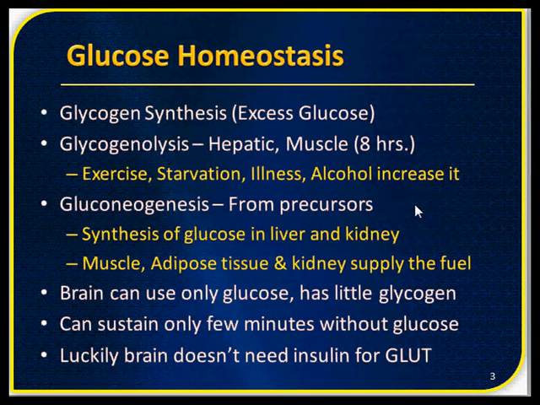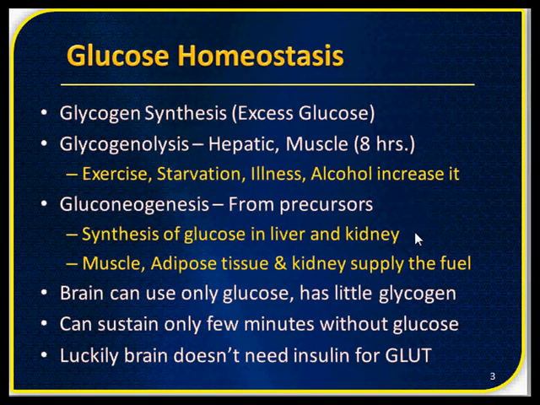What is gluconeogenesis? Neo means new, genesis is production, so it is the new production of glucose. Even if you do not consume glucose, glucose can be synthesized from precursors like fatty acids and proteins, that is, amino acids, the protein breakdown products. So glucose being synthesized from the amino acids and fatty acids is called gluconeogenesis.